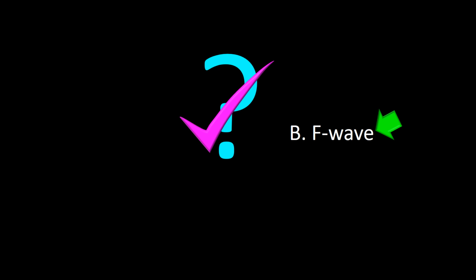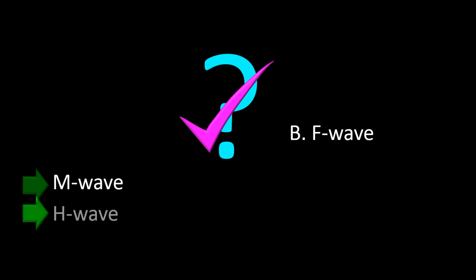If you recall, one of the possible answers for the question we are addressing is F wave. This wave will be addressed in a second part of this year when we talk about peripheral nervous system and EMG. But for now, I will just mention a few facts. In order to understand F waves, we need to understand M waves and also H waves.